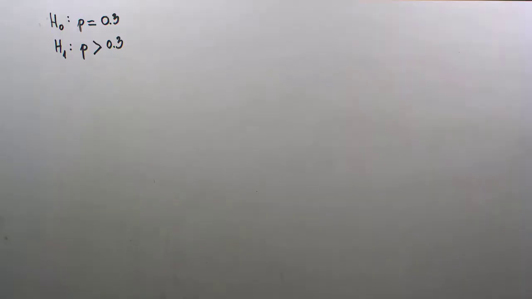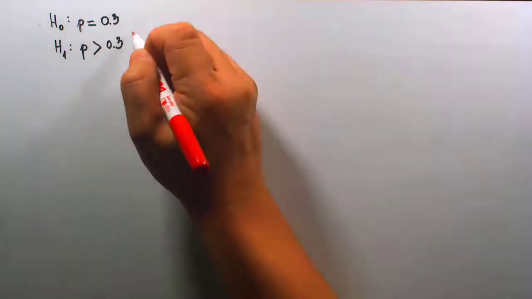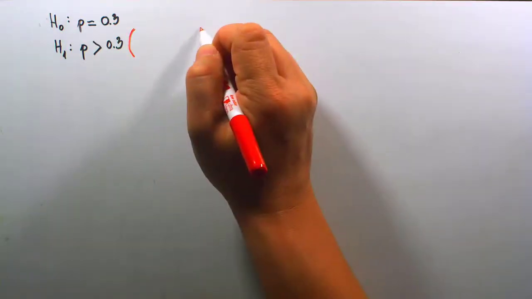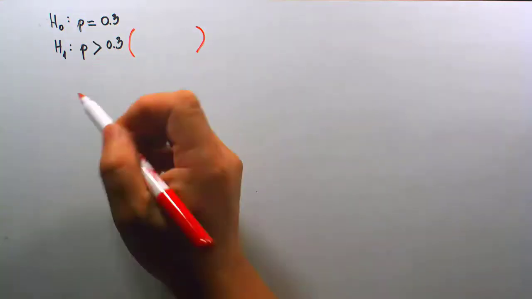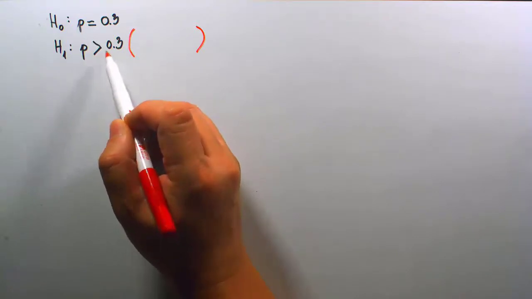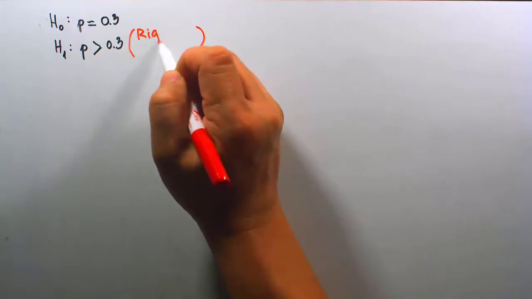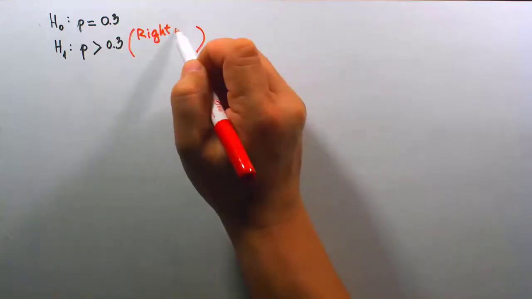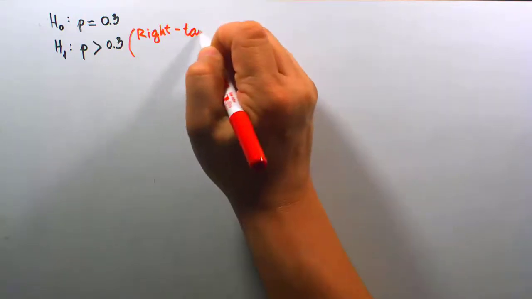This is the first time I'm introducing this term, and as we finish our summary of the steps, I will give some explanation. But since the inequality is pointing to the right-hand side, the test we are about to do is referred to as the right tail test.